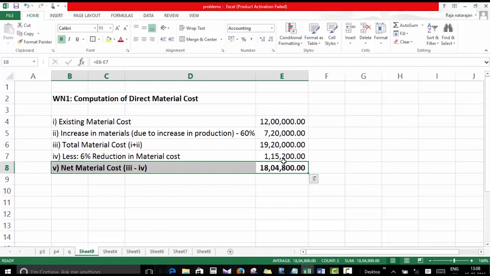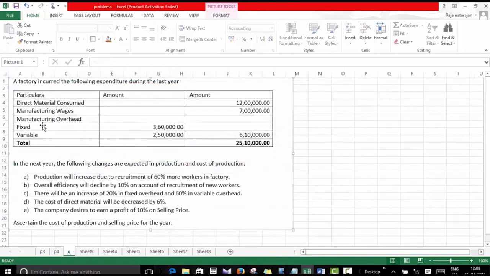Similarly, we should also find out the labor cost. What's your present labor cost? 7 lakh. And what information do you have? The overall efficiency will decline by 10% on account of recruitment of new workers. Efficiency will decline, but the overall output should increase, right? Earlier you were paying 7 lakh, now there is a 60% improvement in capacity.